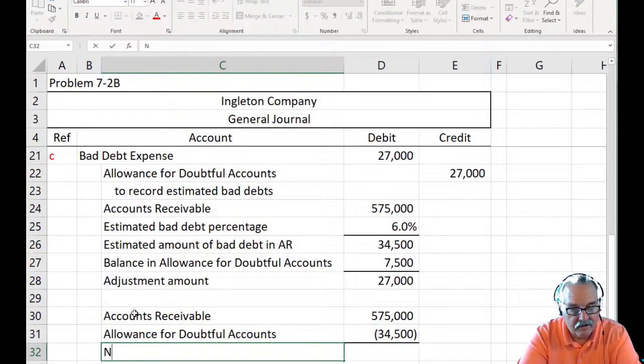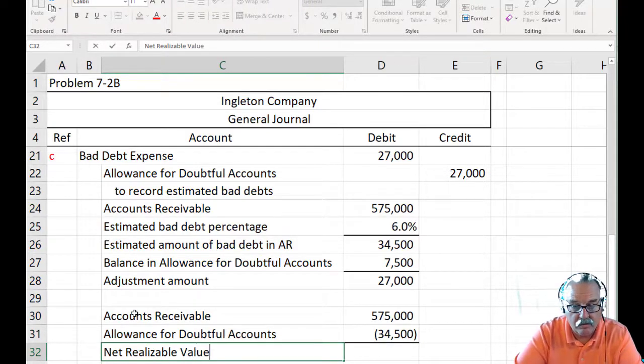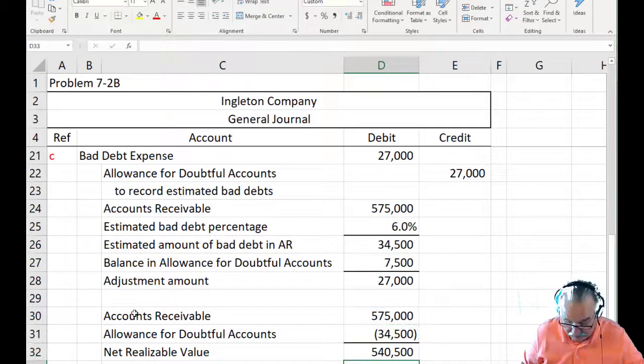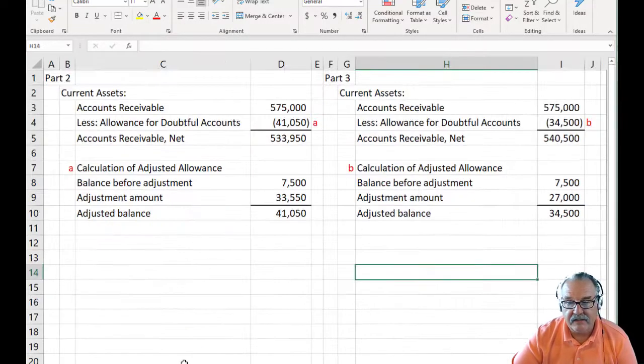So the net realizable value, in other words, what we think we will actually collect from these customers, is 540,500. And that's how this will be presented on the balance sheet, something that looks like this.